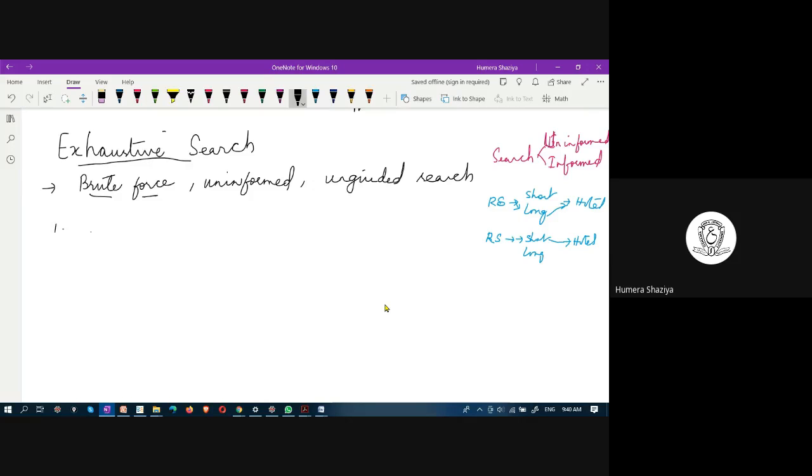First one is breadth first search. Second, let us list out all, then we will discuss each of them. Depth first search. Depth first iterative deepening. Third one, depth first iterative.